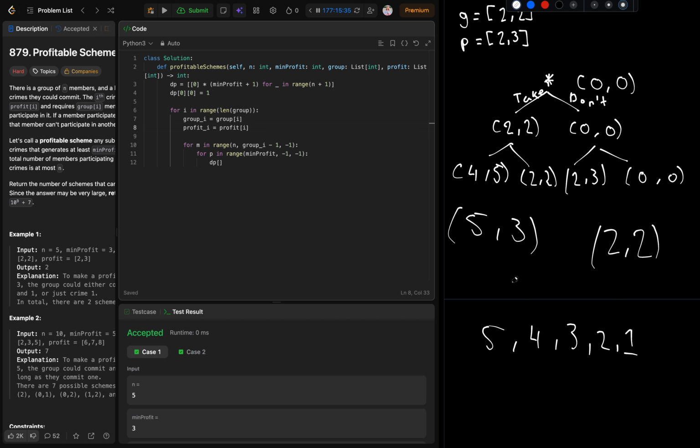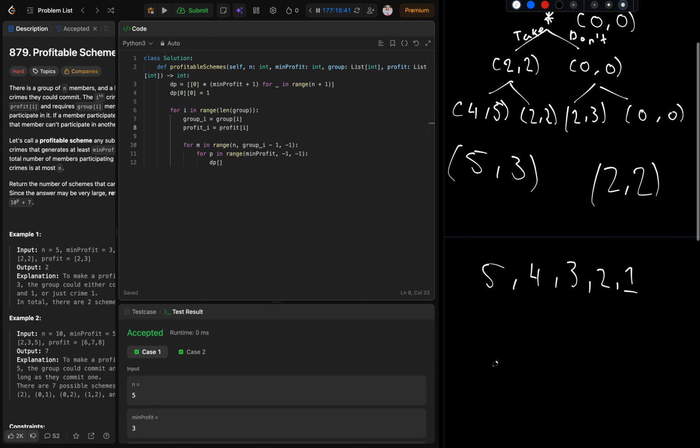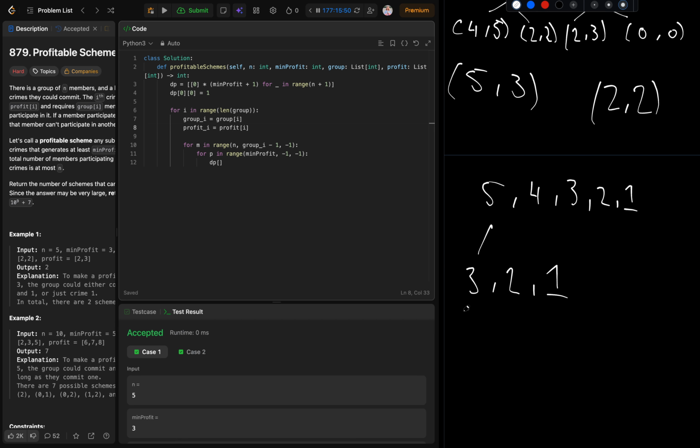Wait, that doesn't make sense. That doesn't make sense how I explain it. Yeah, so for each amount of men, we want to see our profit. So from 3 to 1. We want to see the amount of ways we can get that.